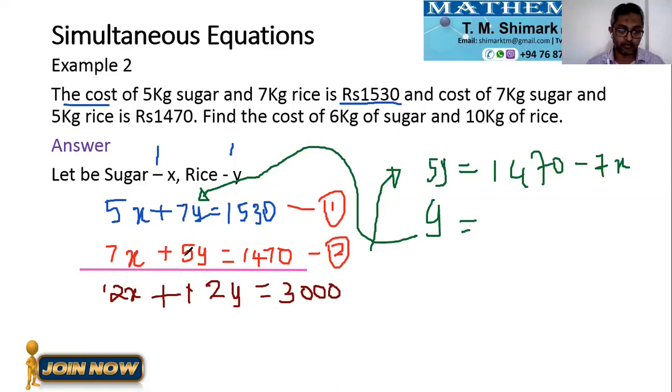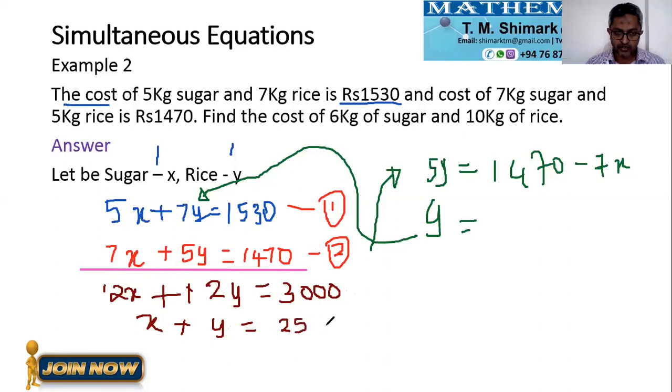If the other side is also a comfortable number, then I will get the answer easily. So I just divide this by 12, or I can divide by 2 and then 6, but I directly divide by 12 here. 3000 divided by 12 will be 250, right? 24, right?